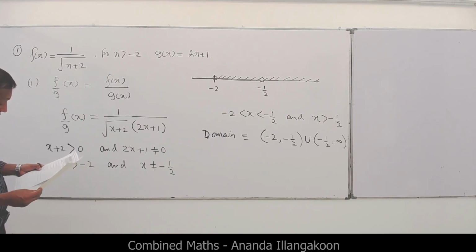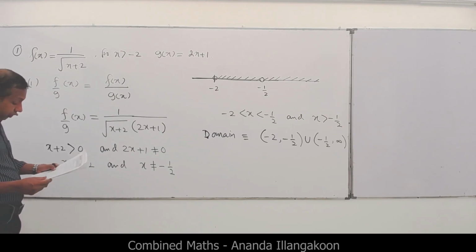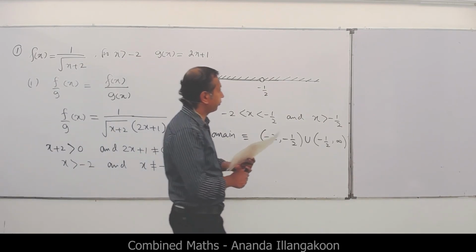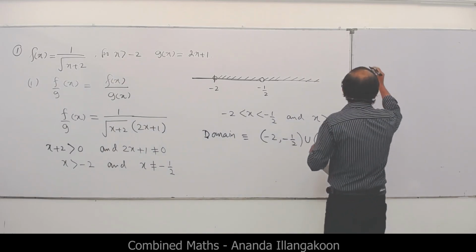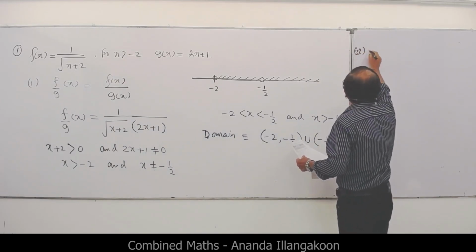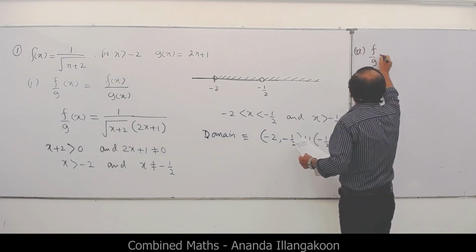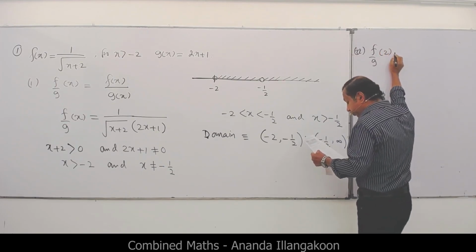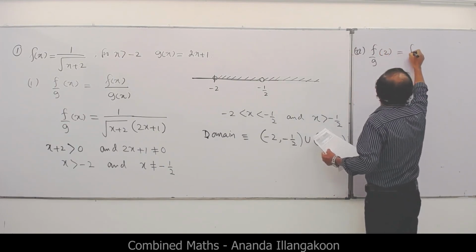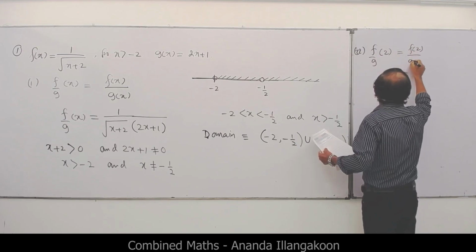First part is that. Secondly, we are asked to obtain the value of f over g at 2. F over g at 2, you can write this as f(2) divided by g(2).